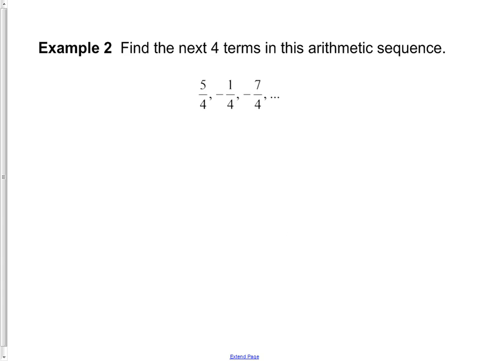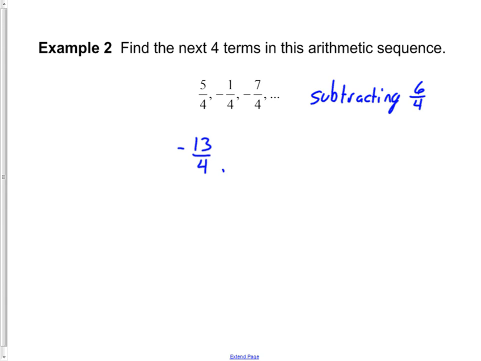Here it says find the next 4 terms in the arithmetic sequence. So I have the first 3 terms. What am I doing? Well, it looks like I am subtracting 6/4 each time, right? So if I subtract 6/4 each time, the next 4 terms in the sequence would be negative 13/4.